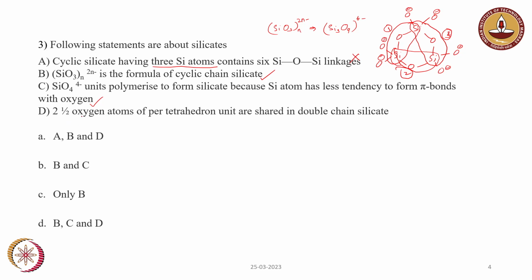And option D is 2.5 oxygen atoms per tetrahedron unit are shared in double chain silicate.